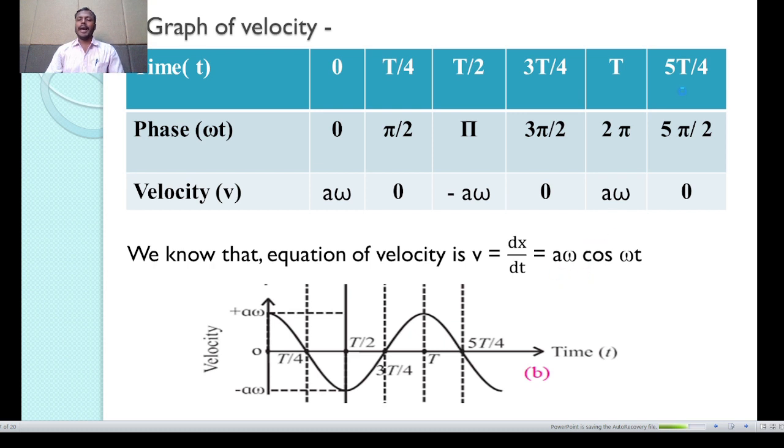Therefore, at time 5T divided by 4, the velocity is 0. This point is here. And connecting all these points, we get the graph of velocity for a particle performing simple harmonic motion that starts from mean position.